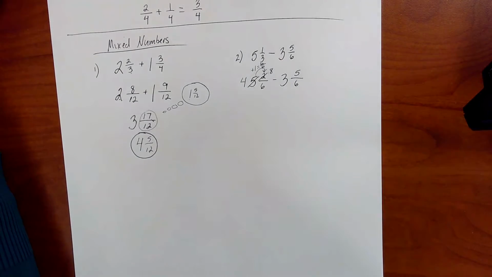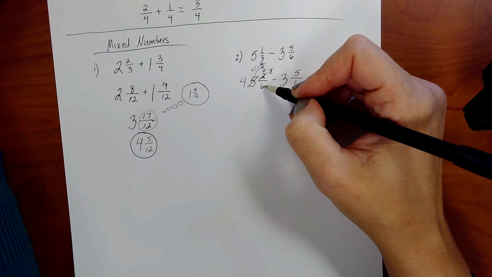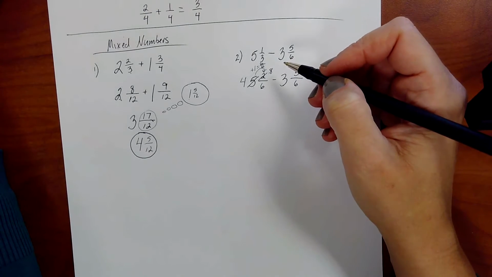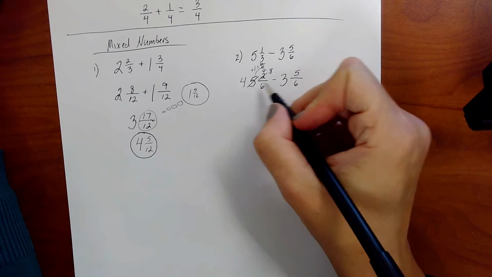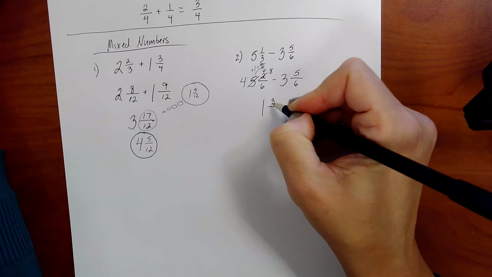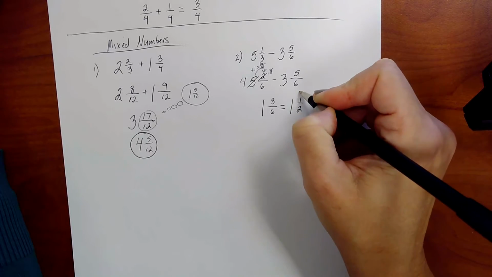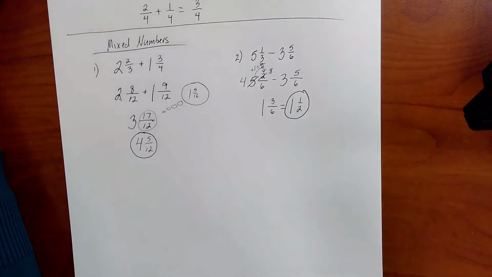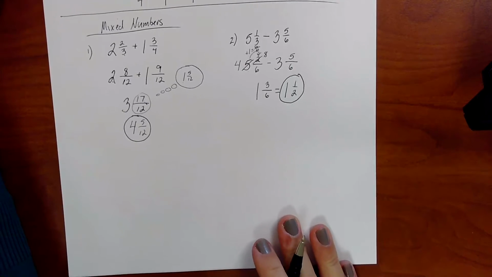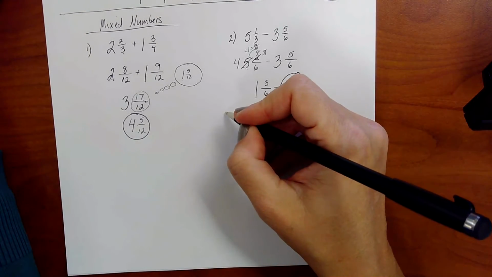So really, you're always going to add over, if you borrow, whatever that denominator is. That's how it's going to work out. Then you can do the math. 4 minus 3 is 1. 8 minus 5 is 3. Reduce if possible. And there you go.